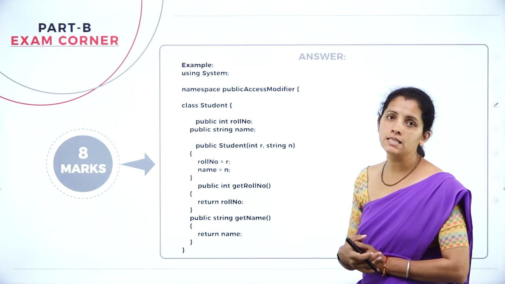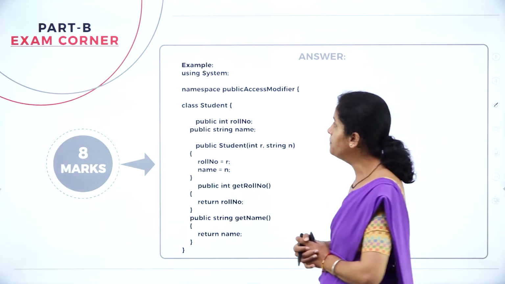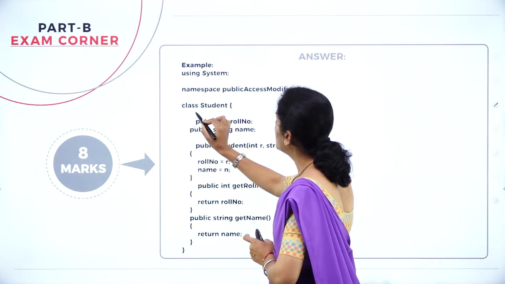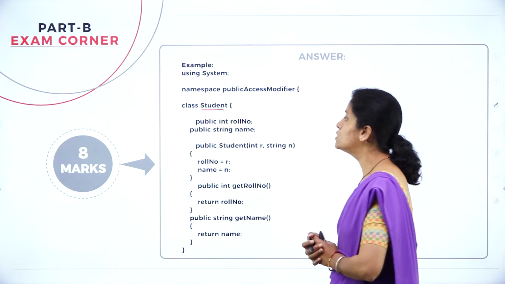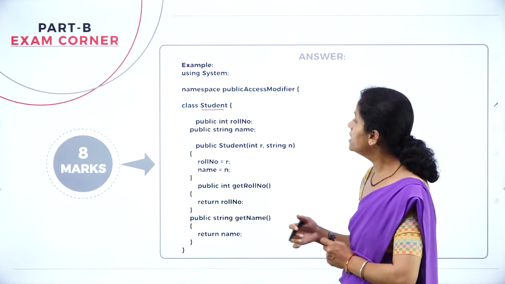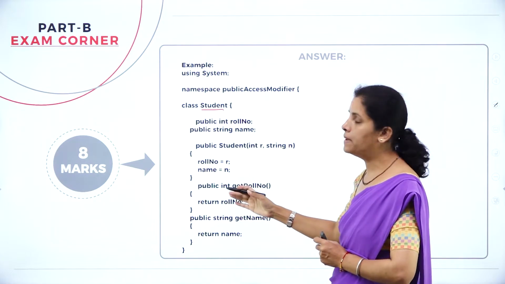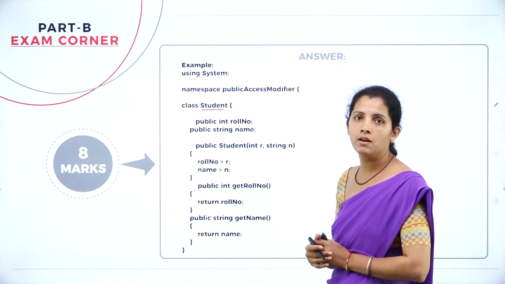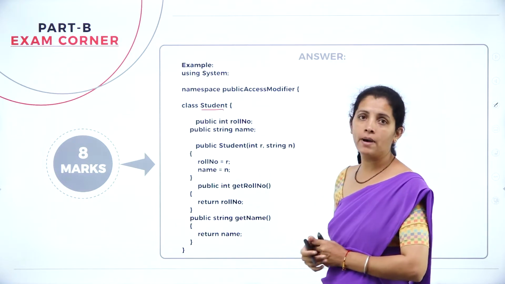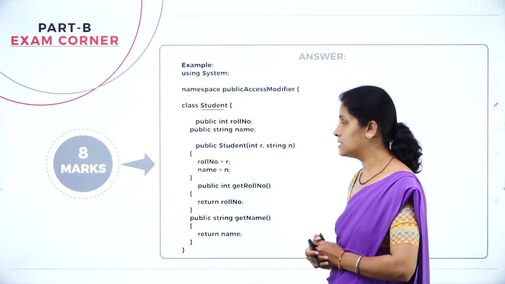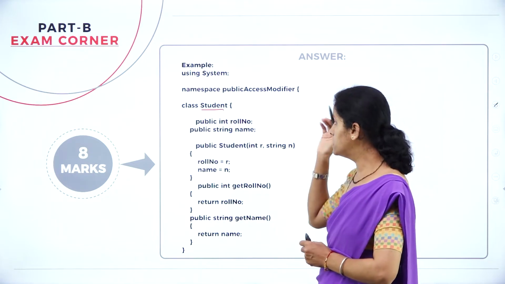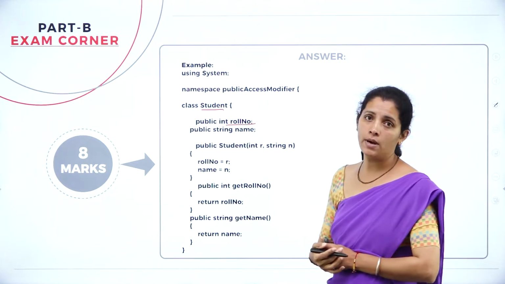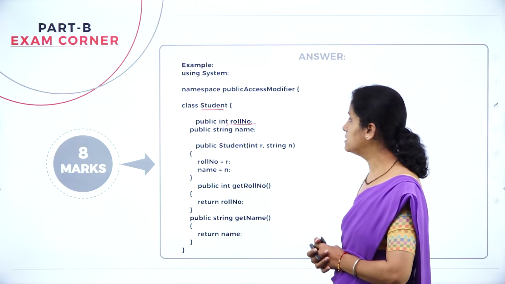Now, let me consider a simple example here. What is my class name? That is Student. And here everything is public. There is no access limit. Throughout the program, I can access the class, the fields as well as the methods.